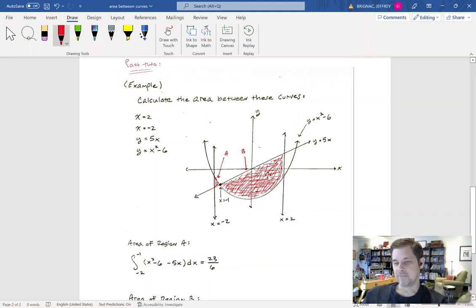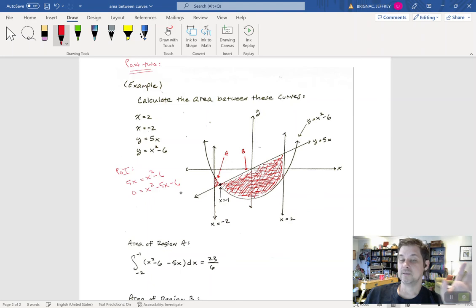Here I graphed this one. I actually solved for this point of intersection right here. So I'll put a note there, the point of intersection, just in case you might need to solve for that yourself. I take the line and I set it equal to the curve. And I get like so.